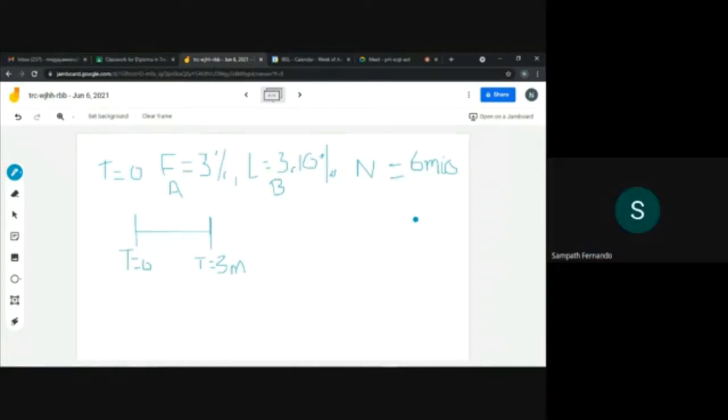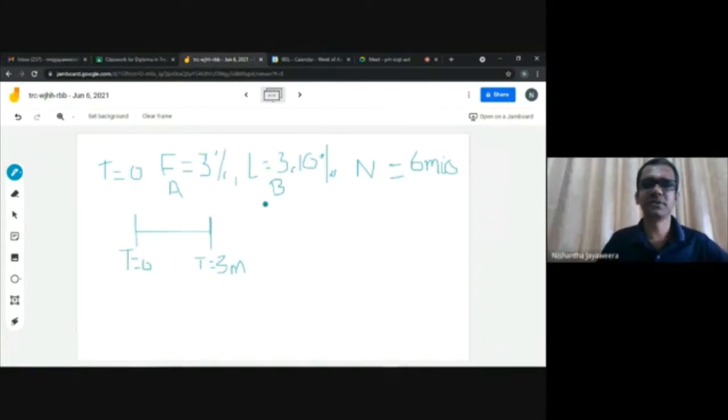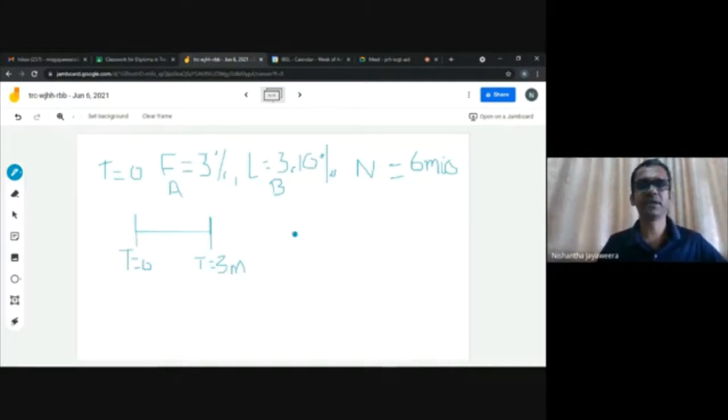Party B pays because the LIBOR rate is higher than the fixed rate. Party A agrees to pay 3%. Party B agrees to pay 3.1%. So party B has to pay to party A. What's the amount?